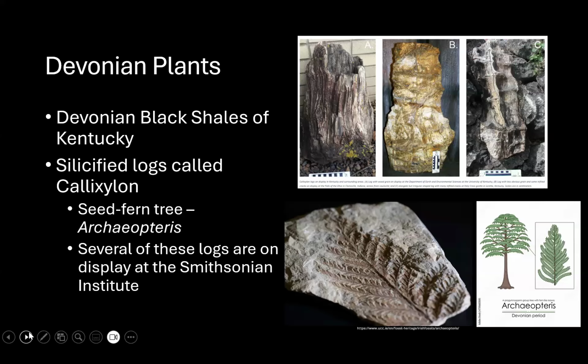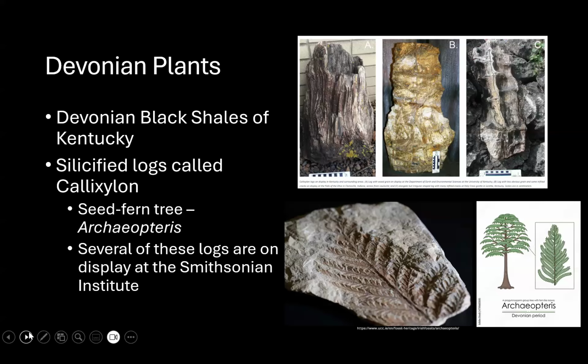This would get quite tall and it would form forests in the late Devonian era. It would have branching patterns similar to what we consider to be modern trees. Of course, it looks very different from what we're used to seeing today, but we'll get more into that.